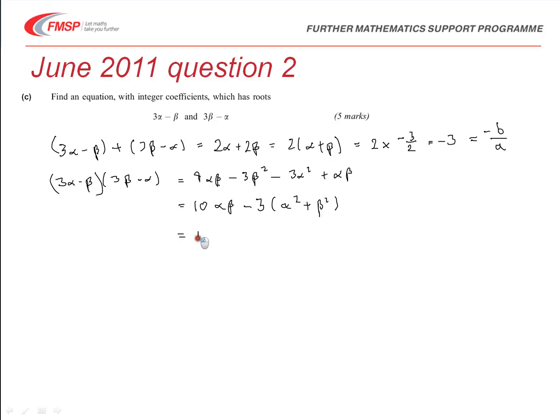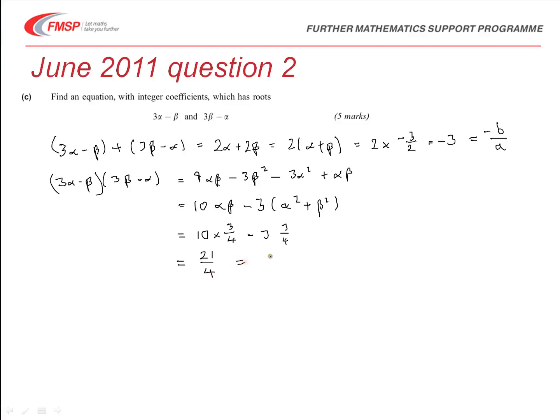It was 3/4, so this is 10 times 3/4 minus 3 times, and again, in part B, we worked out that alpha squared plus beta squared was also 3/4. So in total, we've got 30 lots of a quarter minus 9 lots of a quarter, which gives us 21 lots of a quarter.